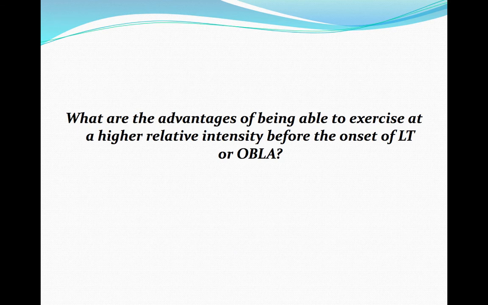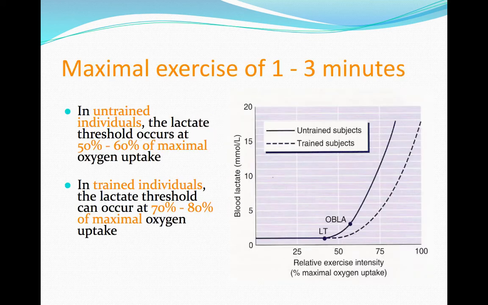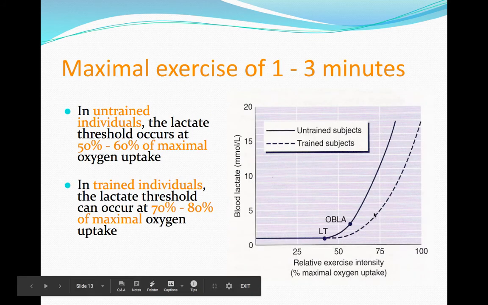If you've got a runner, for example, and they're trying to get faster at a half marathon, you want that lactate threshold to go up. You want their lactate threshold to be further to the right, because that means they can exercise at a higher intensity for longer.